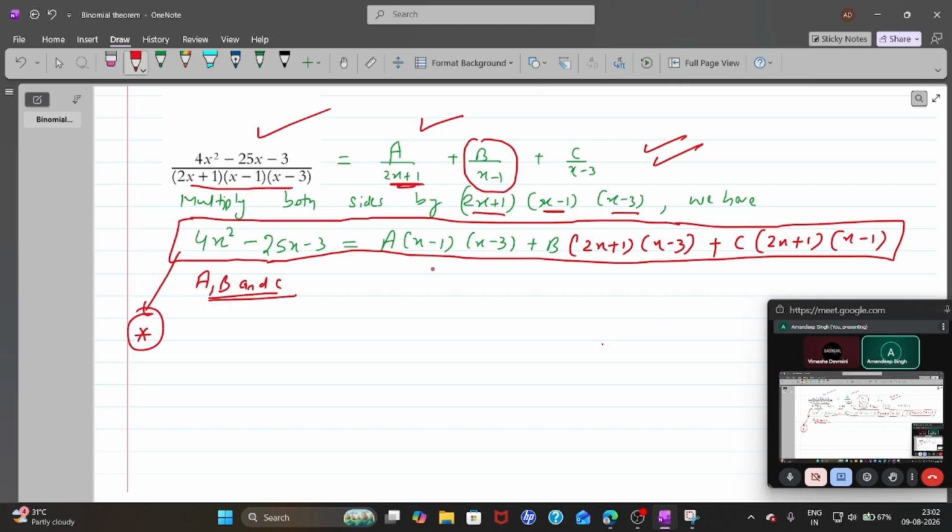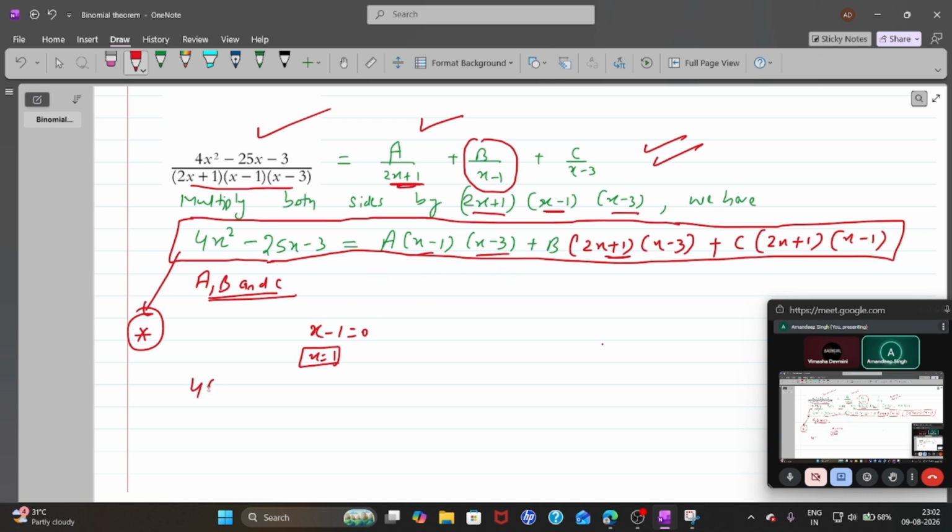Basically, we look at these three factors, right? One by one, we put each factor equal to 0. Like if we put x minus 1 equal to 0, then we get x equal to 1. So we can substitute x equal to 1 in the star equation.